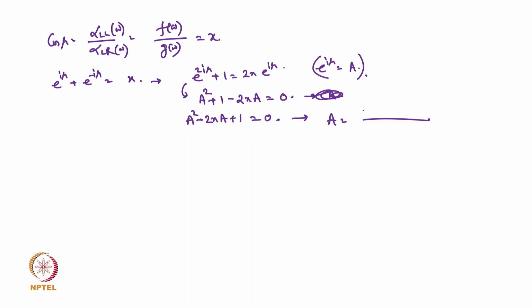That is equal to minus b plus minus root over of b square minus 4ac, divided by 2a, where the coefficients a and c are both 1. So we can get x plus minus this.